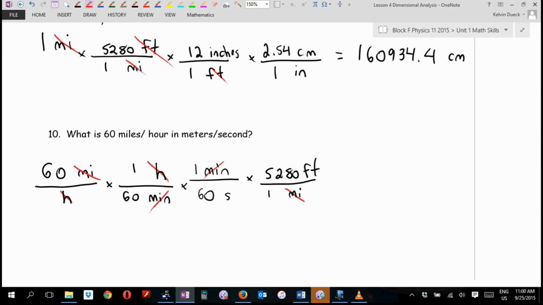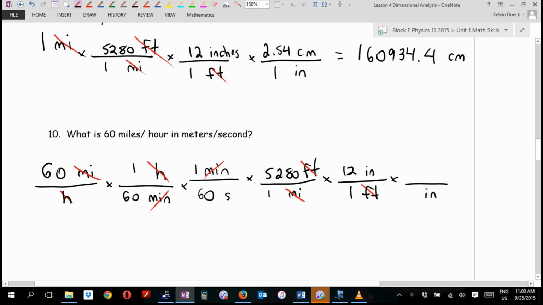So, I want feet to cancel. 12 inches, 1 foot. I want inches to cancel. 2.54 centimeters.